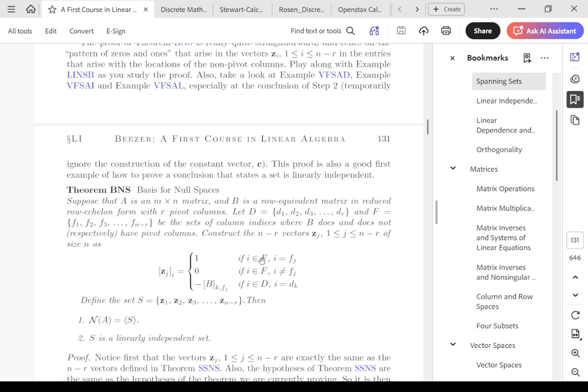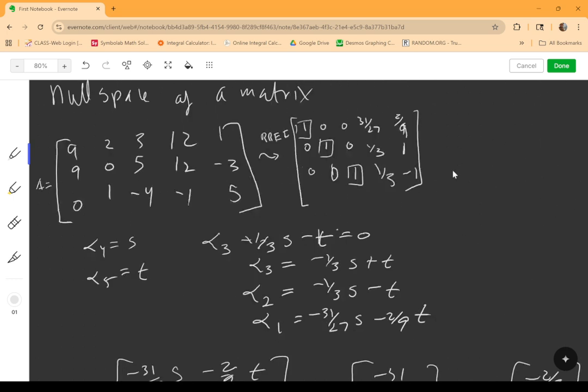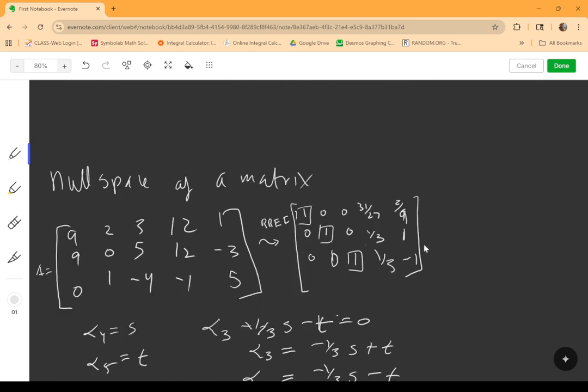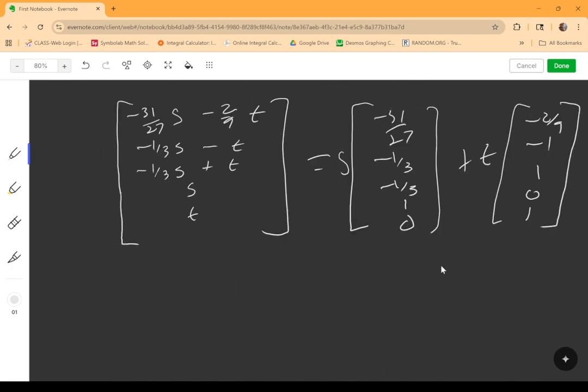It's 1 when we're dealing with a free variable, as you see in the previous one, and the other entries are the opposite of what is in our reduced row echelon form matrix. So that's all that notation is. But again, focus more on how we arrive at that, the process of working our way to this statement.